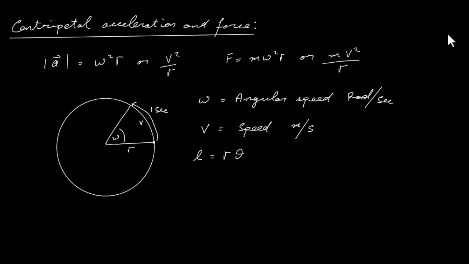So L here is v, the distance that the particle has traveled in 1 second, r is r, and the angle then is just omega. That's the angular distance that the particle has traveled in 1 second. So this is our formula here, and this can also be written as omega equal to v over r.